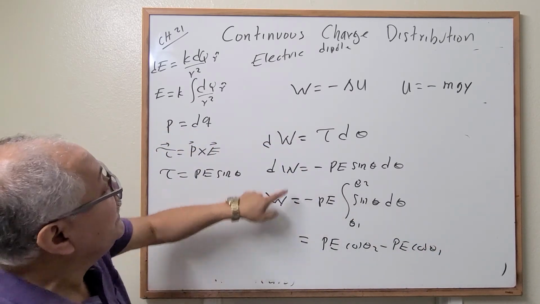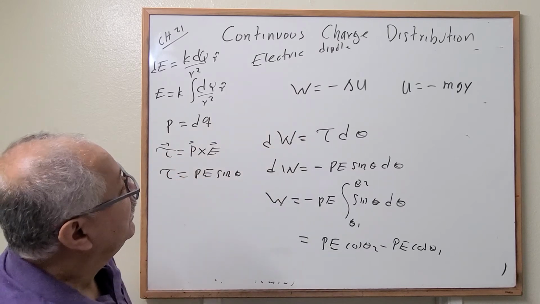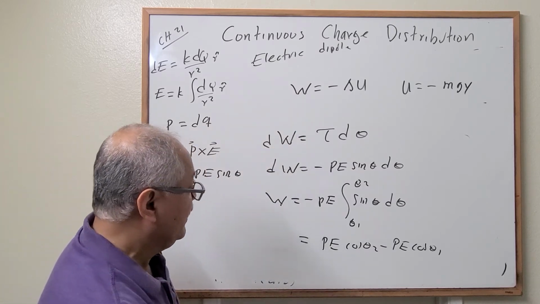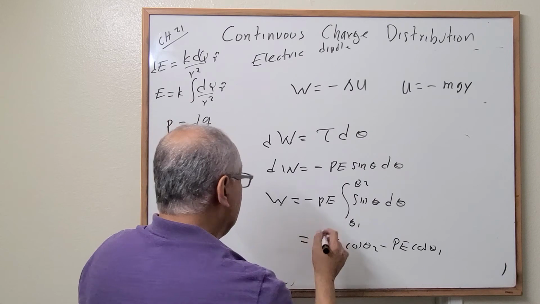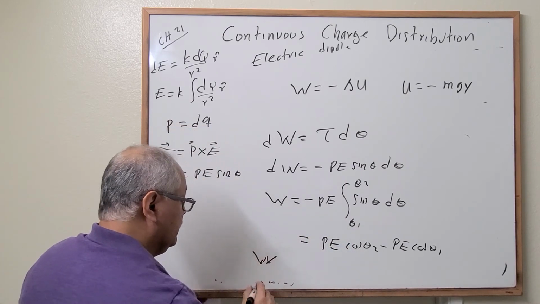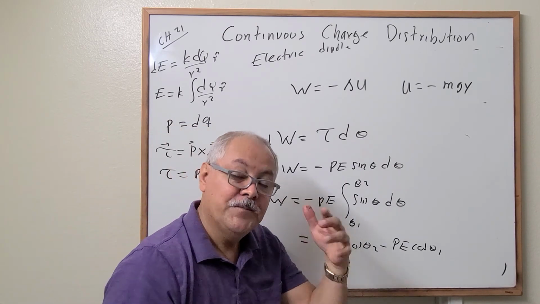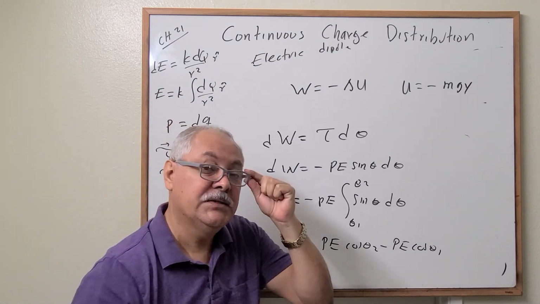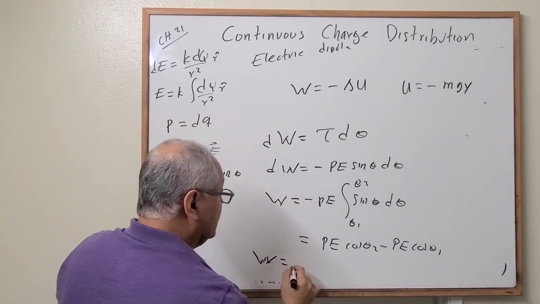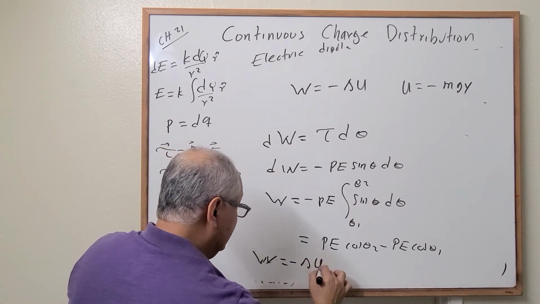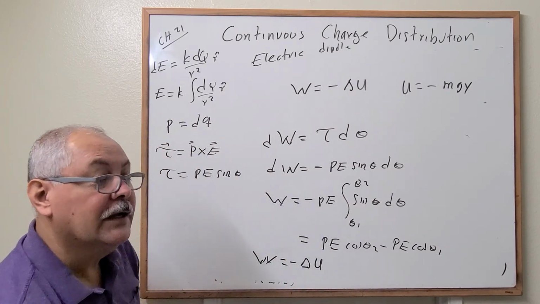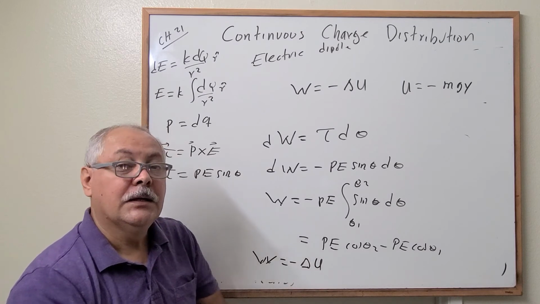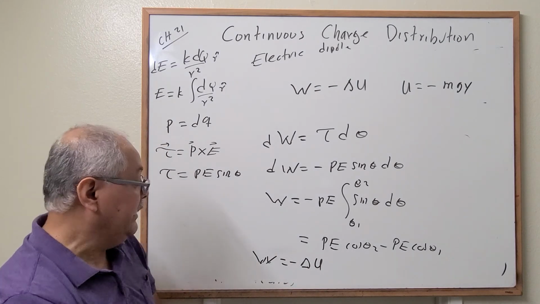Now I want to create something like this, right? Because this is for conservative forces. So we can create again that the work done by the field, right, on this electric dipole is equal to the change in this potential energy, correct?